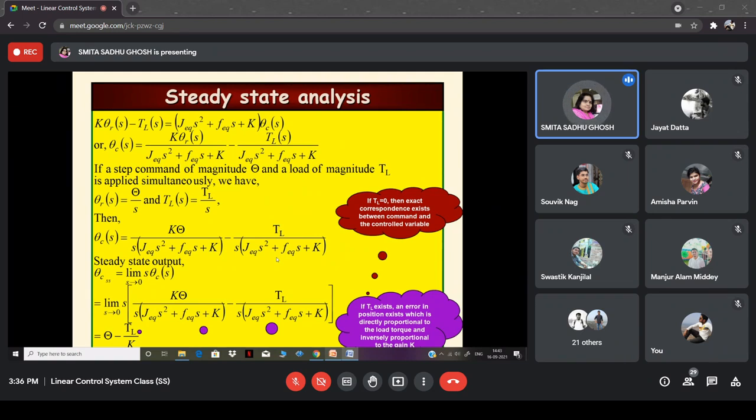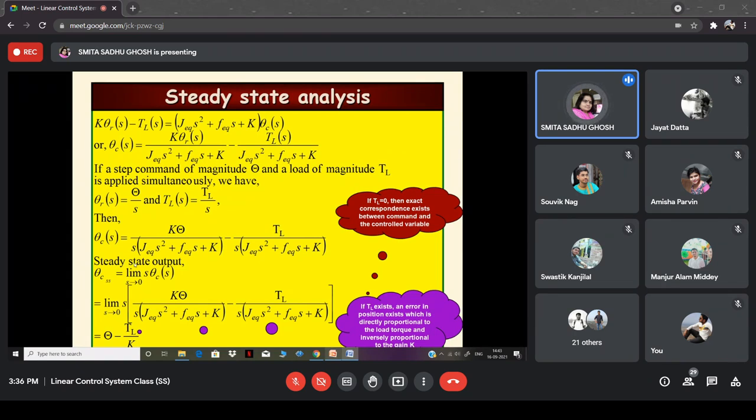So now coming back to what objective we were looking for: we wanted the remote position control system to be acting such that it would be tracking the input signal, the command signal, right? So let us see whether that has been achieved. For that, what we try to do is find the steady state output over here.